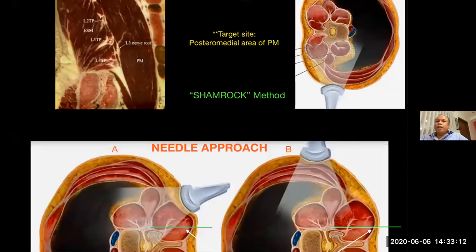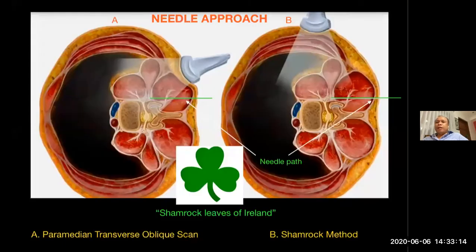Now, these are the representation of the different methods. The one that you see on the left is the old approach of this injection. And as you can see, the needle comes from posterior going anterior.